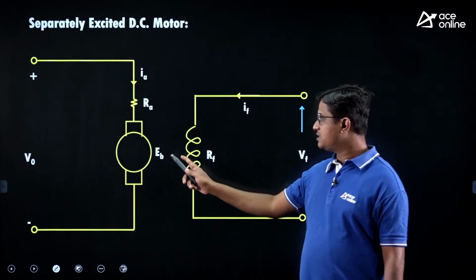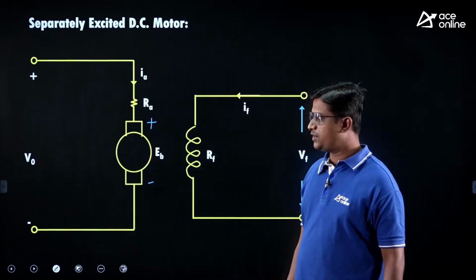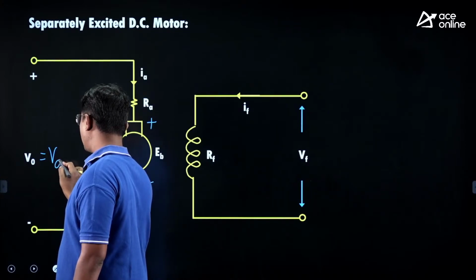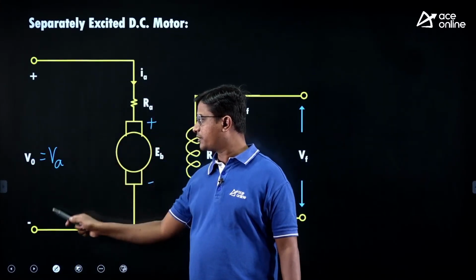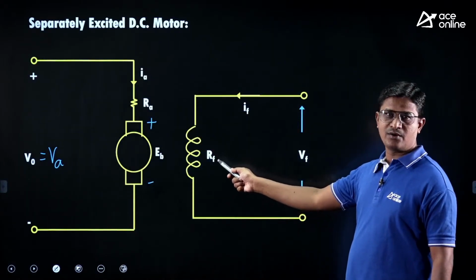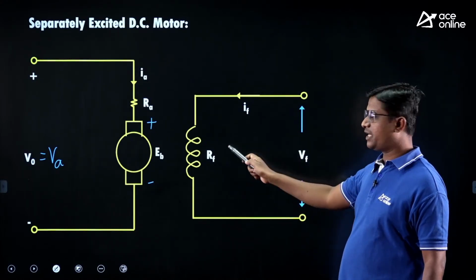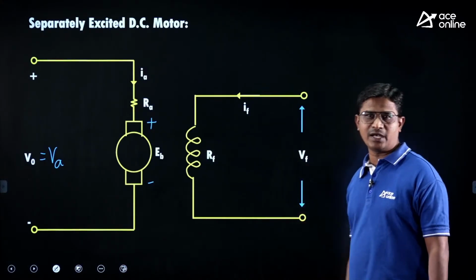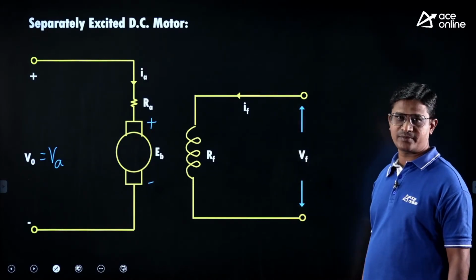EB is the back EMF of the motor, V0 or VA means the output voltage of your converter, which is the input to the motor. The field winding is excited using an external supply, so separately excited DC motor means excitation to the field winding is given using a separate source.